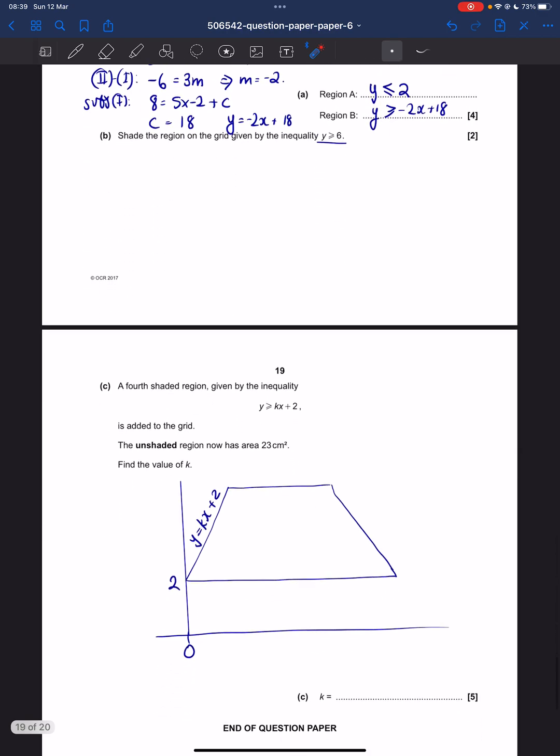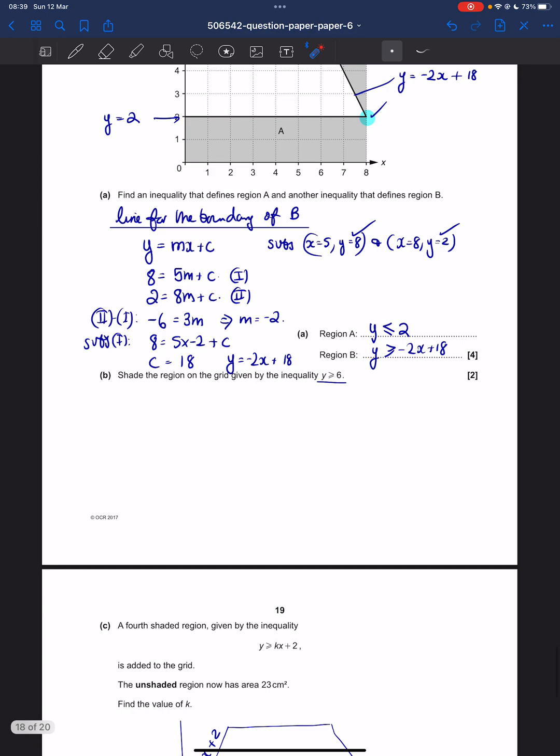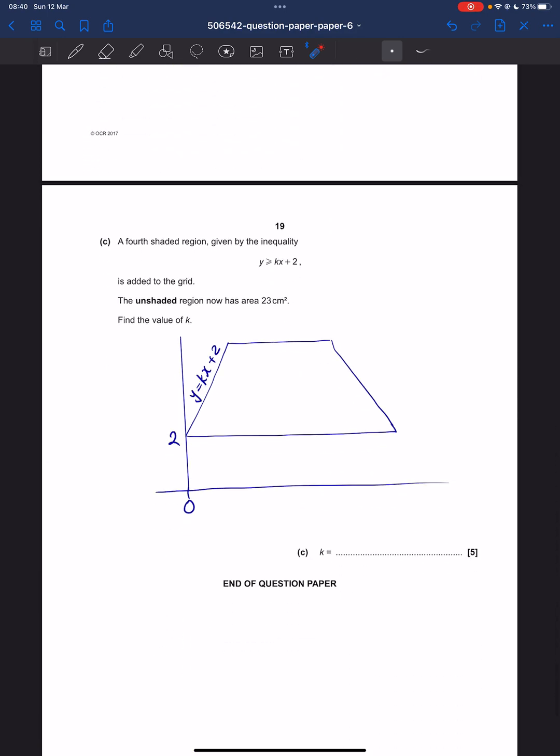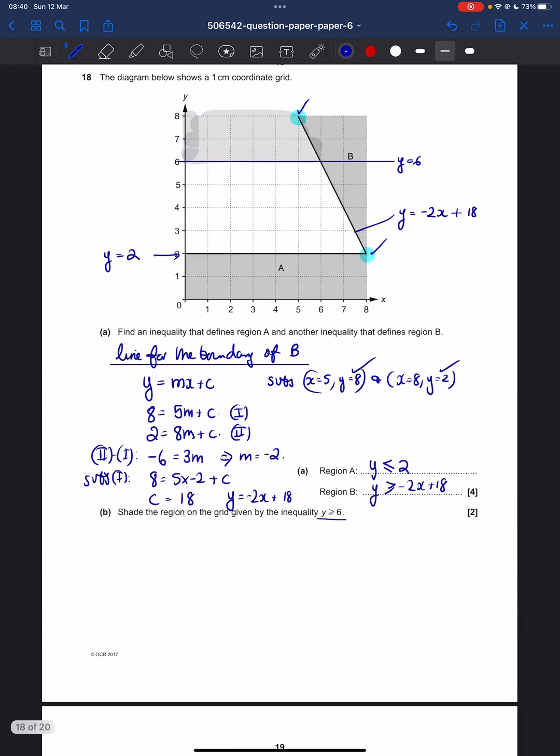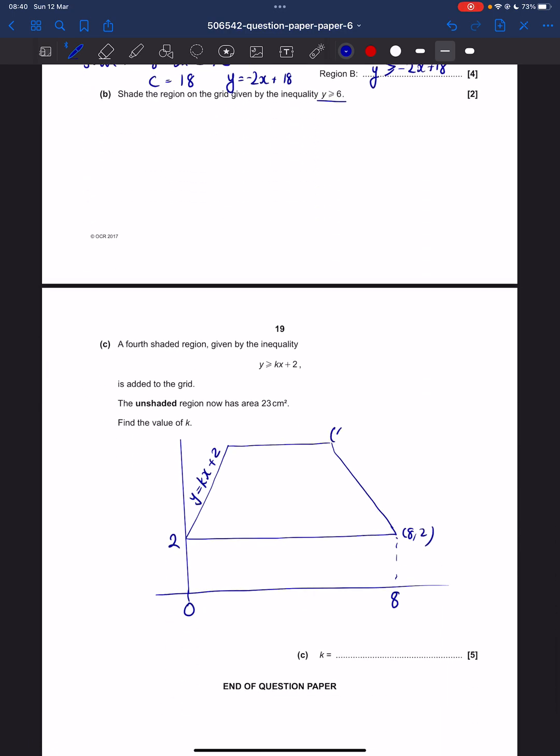We know that this one here is 8 across, 2 up. And we've also got that other one up there, which is 6 across, 6 up. But we don't know what that one is. We know it's got some unknown x.